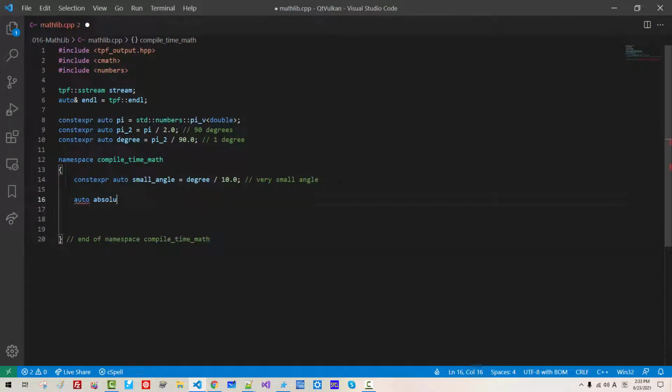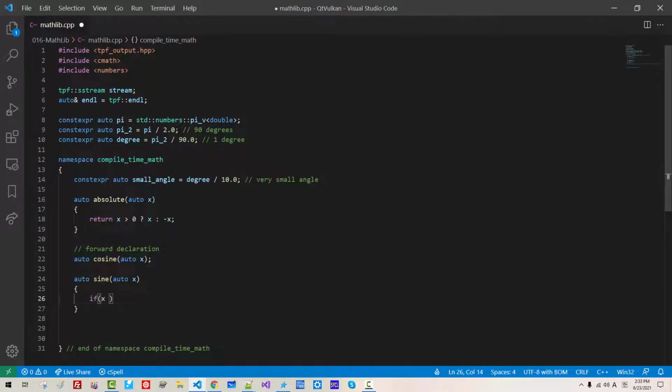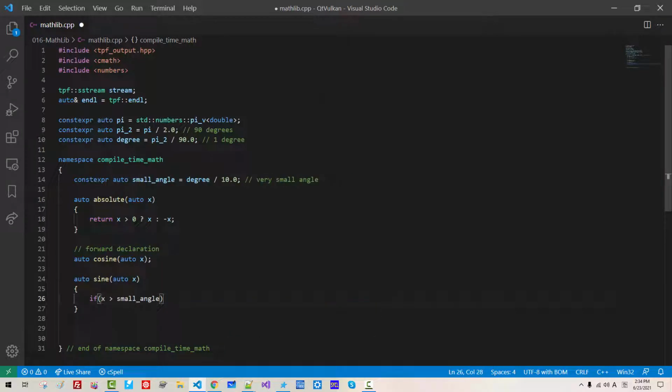Auto absolute, auto x, return x greater than 0, x, otherwise minus x. This is absolute value. Auto cosine, auto x. This is forward declaration. Auto sine, auto x. If x is greater than small angle, we are using this angle.